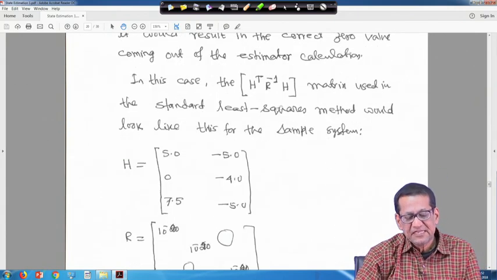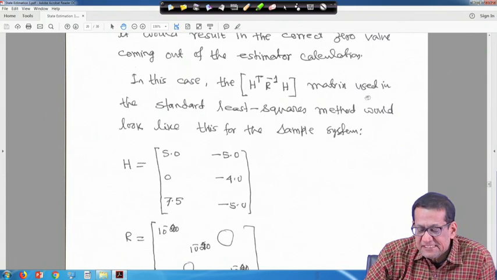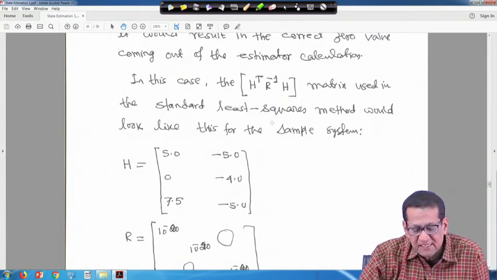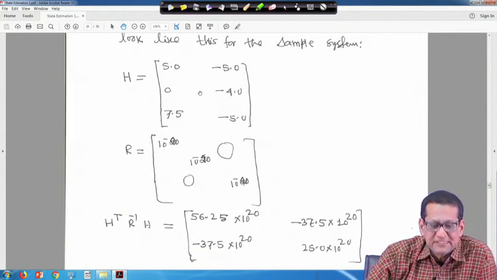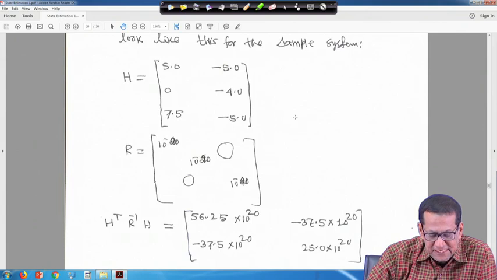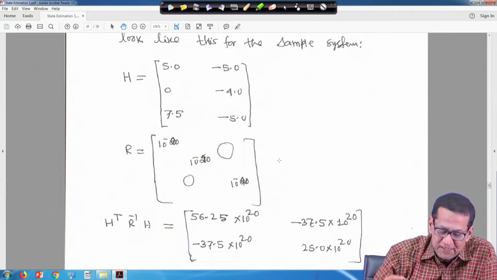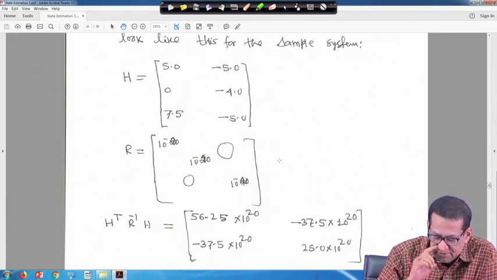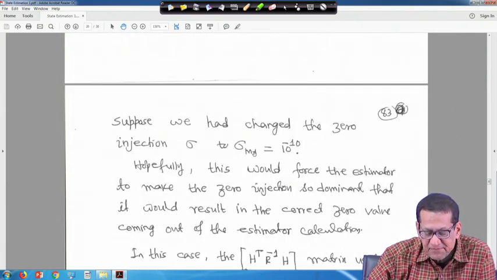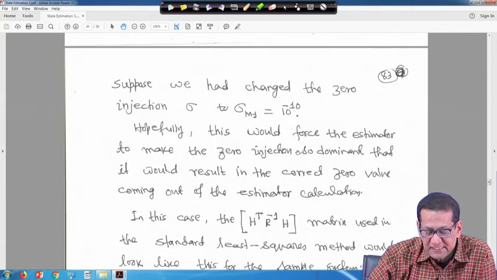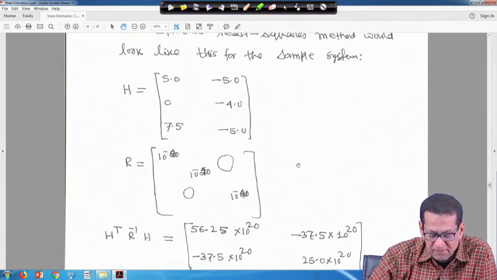In this case, the H transpose R inverse H matrix used in the standard least square method would look like this for the sample system. H was given, the same H as taken previously. In R, only for meter 1, that is sigma m 1, we have taken 10 to the power minus 10, so the square will be 10 to the power minus 20.